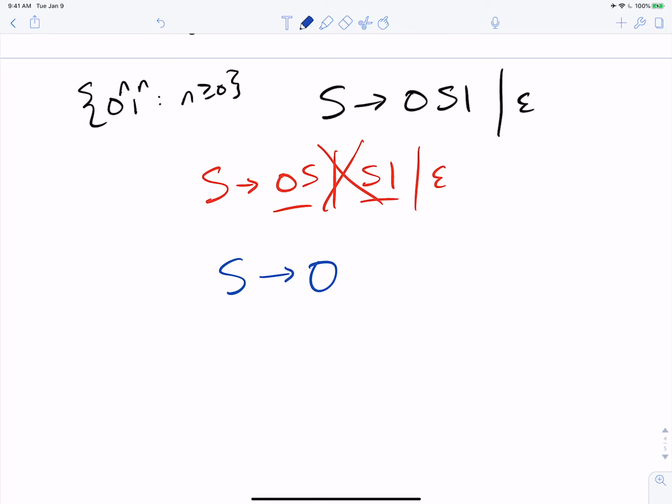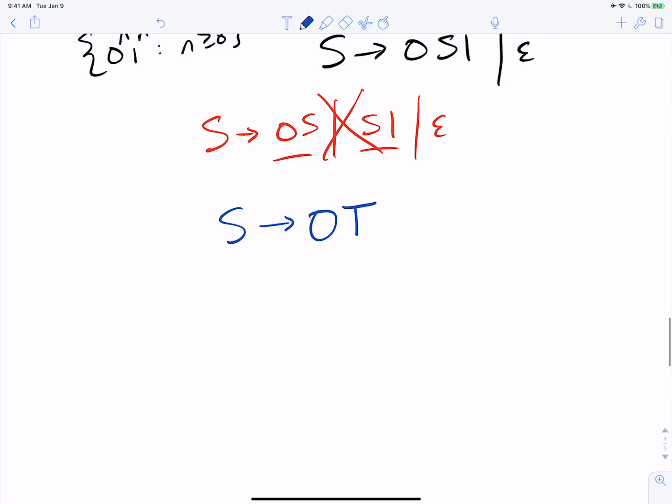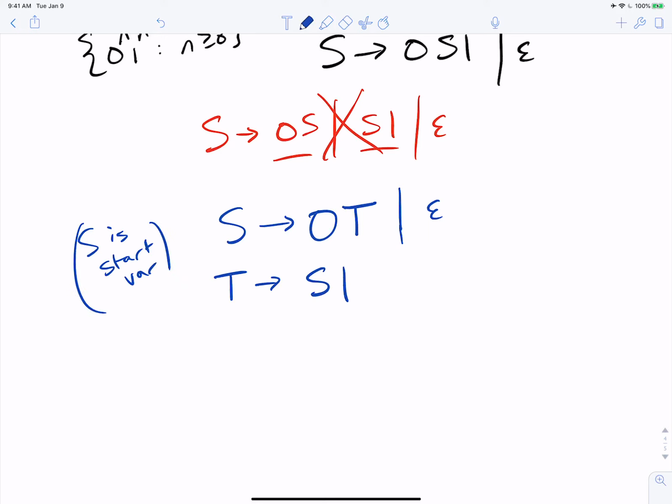So let's make a variable called T, and T is going to do basically the same suggestion as before, which is to do S1. Then we have to make the empty string with the S variable. S is the start variable in this grammar.